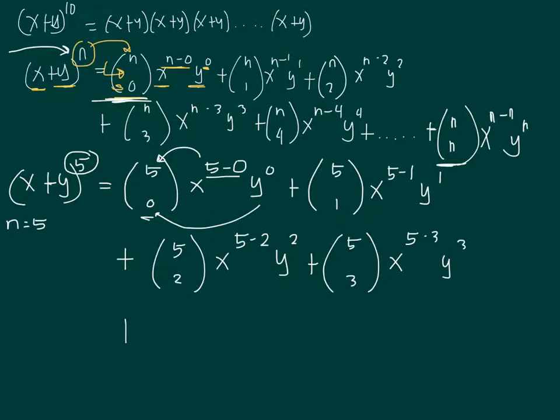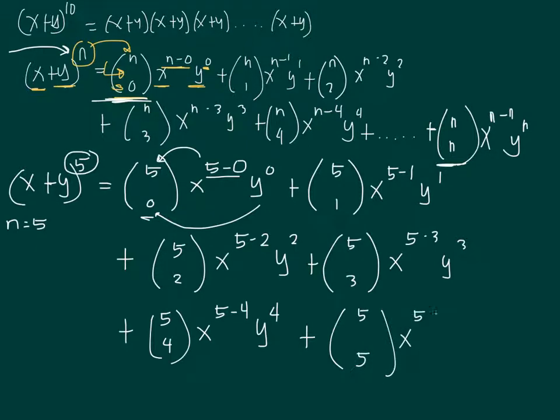The next will be 5, 4, x gets 5 minus 4, y gets the 4, and then plus 5, 5, and then x to the 5 minus 5, and then y to the 5. You will know you are ending the expansion once these numbers here are the same. So 5 is the same as 5, so we stop the expansion here.